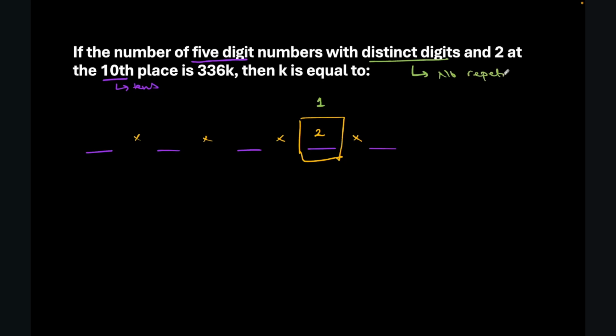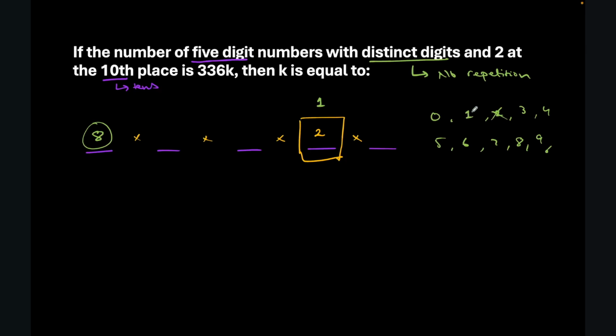I have 0, 1, 2, 3, 4, 5, 6, 7, 8, 9, so total 10 digits. Out of that, 2 is already taken out, no repetition, and I cannot put a 0 here. So how many options do I have? I have 8 options.